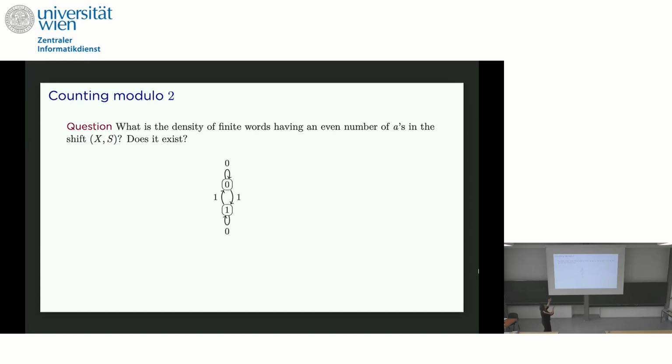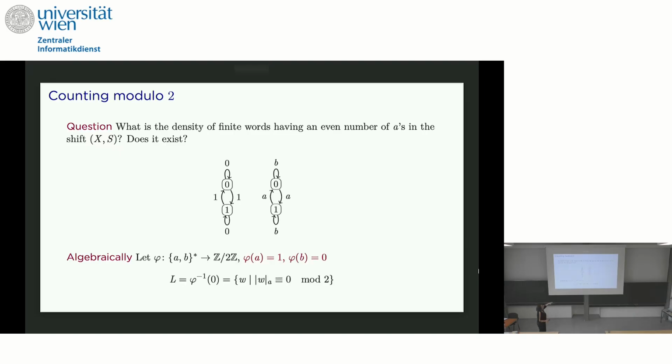The vertices are elements of Z over 2Z, and the edges correspond to the action +1 modulo 2 on these elements. And then I can embed my Fibonacci shift: I repeat this graph, this automaton, by replacing letters by the value, and I feed this automaton with Fibonacci words starting from 0.